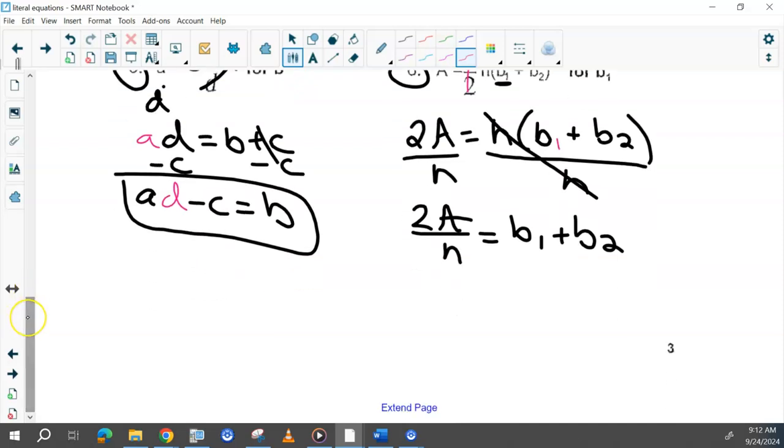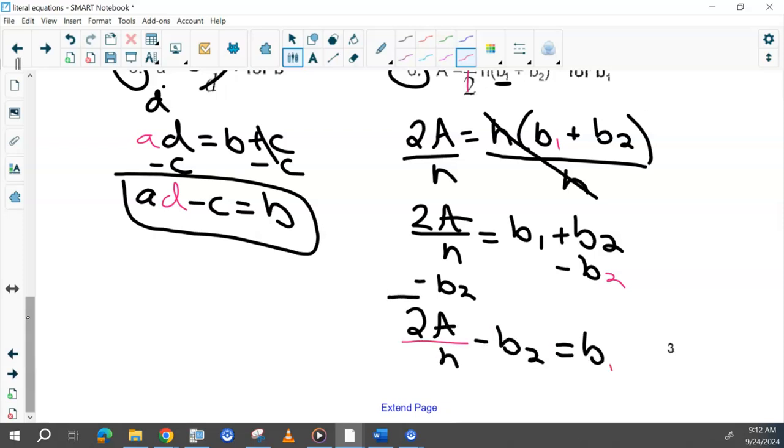And then our last step. We have 2a over h minus b2 equals b1. Questions there? Okay, we'll do last questions on the next page, and then you'll have time for questions.